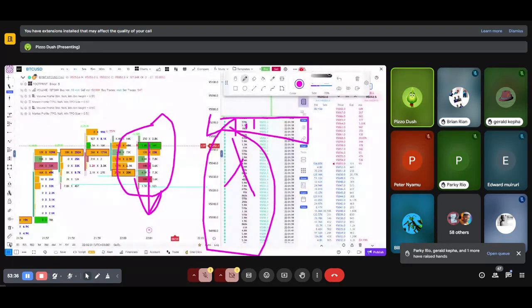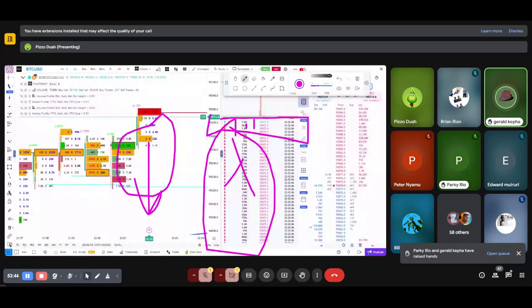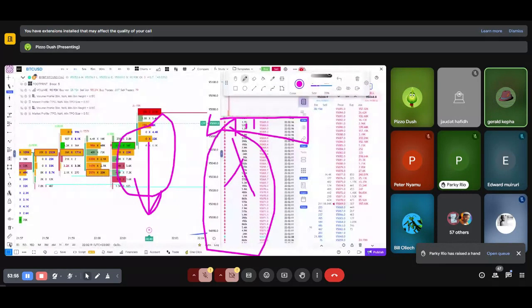Yes, how are you? I'm fine. Can you hear me? Yeah. So my question is, while using this footprint, should we use a higher time frame? Let's say in a higher time frame, 4 hours. In 4 hours. We use 4 minutes and 5 minutes time frame.